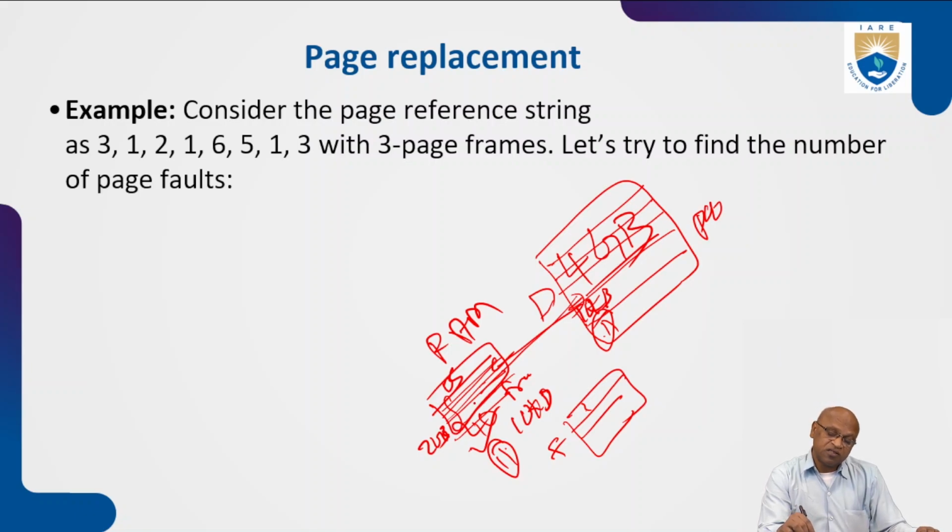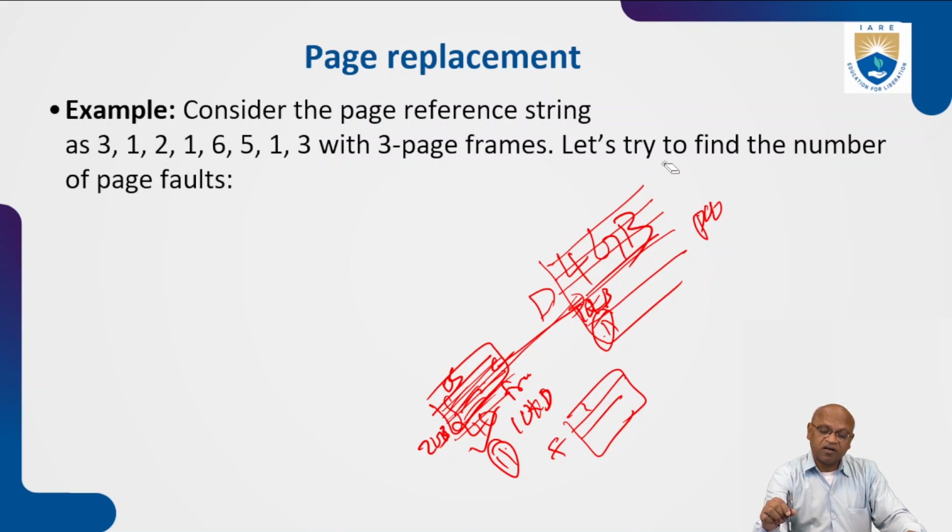Which page is to be replaced in the RAM? That's called page replacement. For our program, the above page strings are required for the execution of one program. What is the sequence? 3, 1, 2, 1, 6, 5, 1, 3 with 3 page frames.